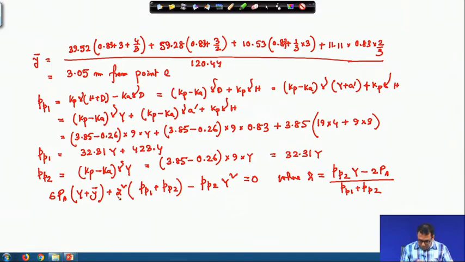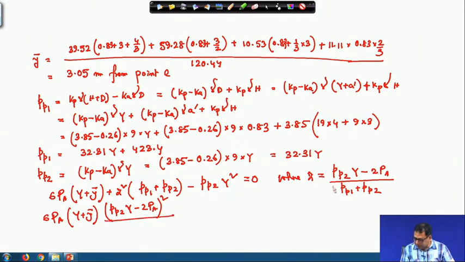So, now if I put these values, I can write 6PA into capital Y plus y bar, and this z expression I am writing here. So, this z expression, this is z square. Okay. So, I can write PP2 into capital Y minus 2PA square.